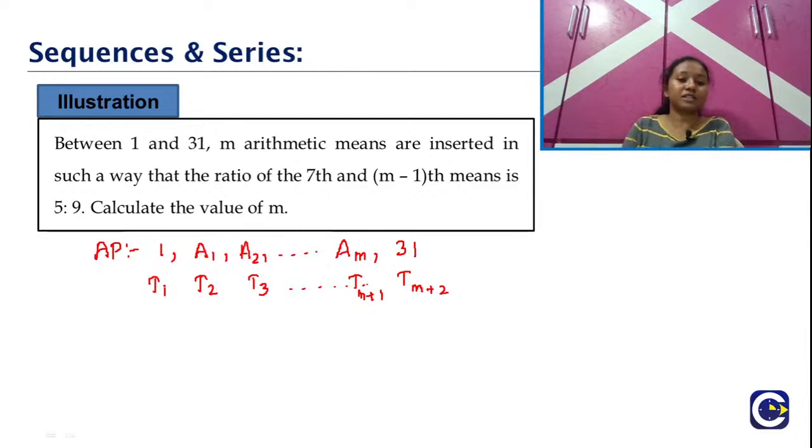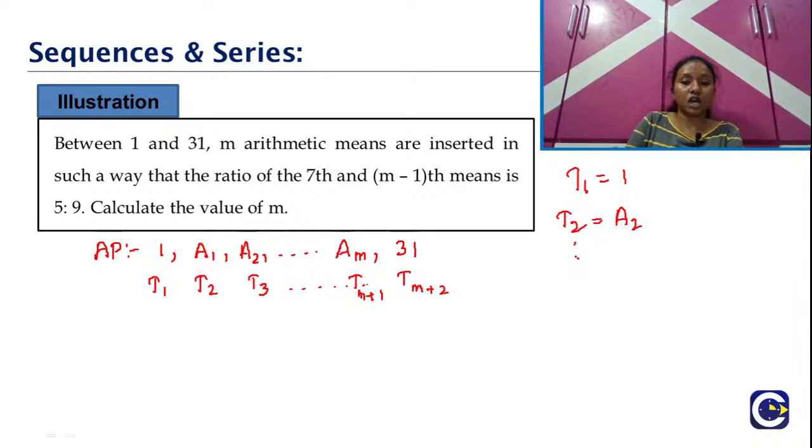So this is our arithmetic progression, given by 1, capital A1, capital A2 until capital AM, 31. The first term, T1, will be equal to 1. T2 will be equal to A1 and so on. Tm plus 2, that is our last term, will be equal to 31 because we will be having M plus 2 terms in this particular arithmetic progression.